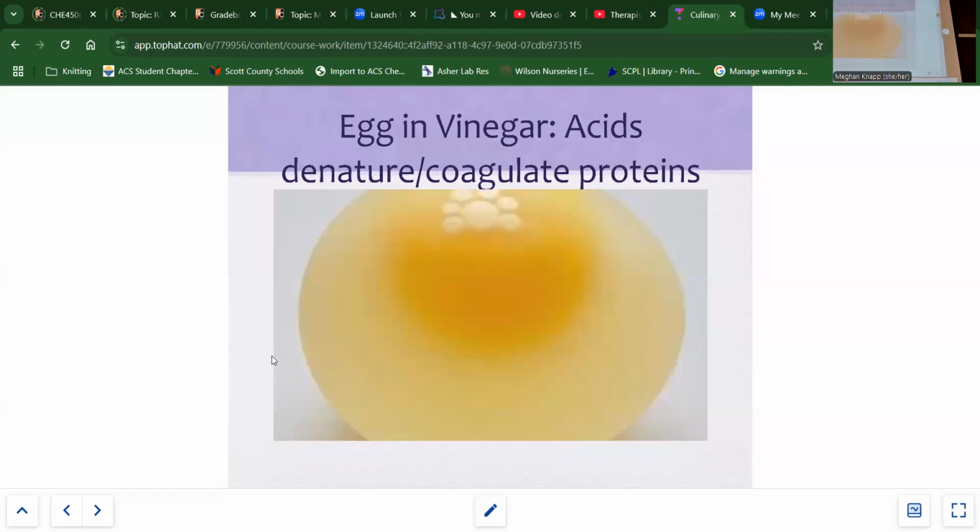So this is the one that has the vinegar in it. So I'm gonna change a little bit. Not as quickly as I thought it would. So this one has vinegar in it.